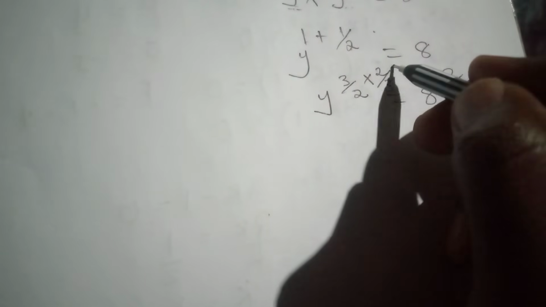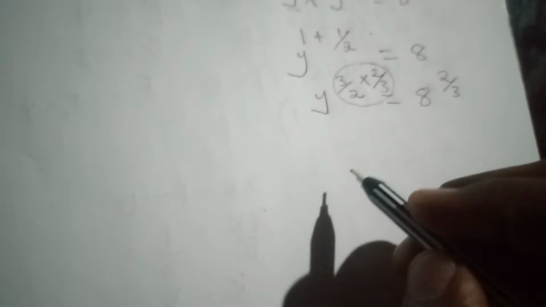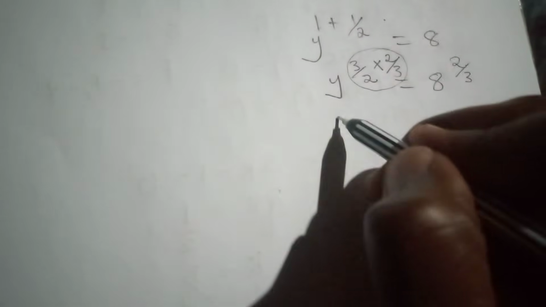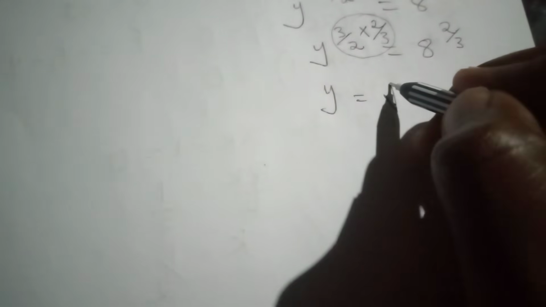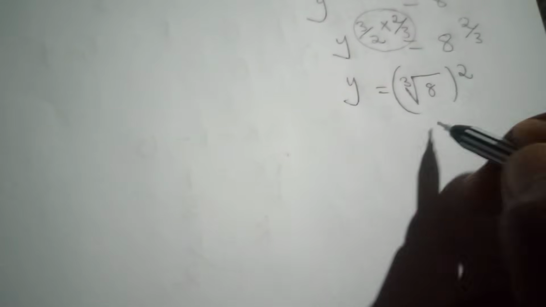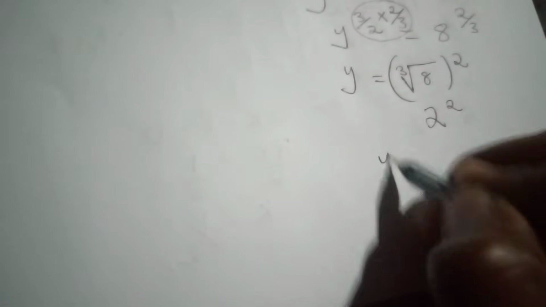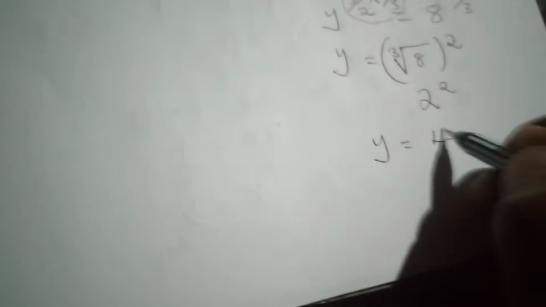So what you are going to do is multiply both sides by 2 over 3. So this one will cancel, they're going to disappear. You're going to remain with y equals the cube root of 8 to the power 2. So that is 2 to the power 2. So the value of y is 4.